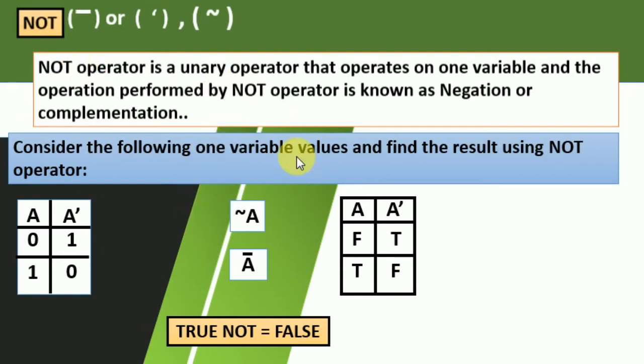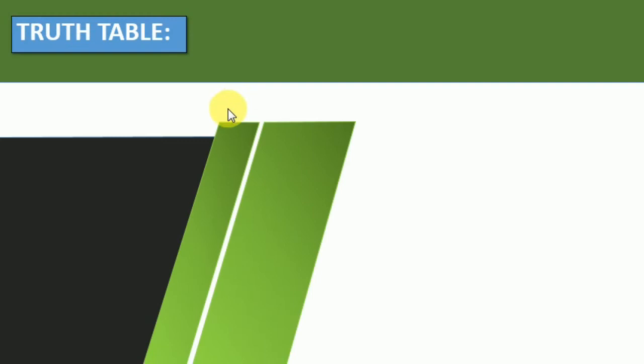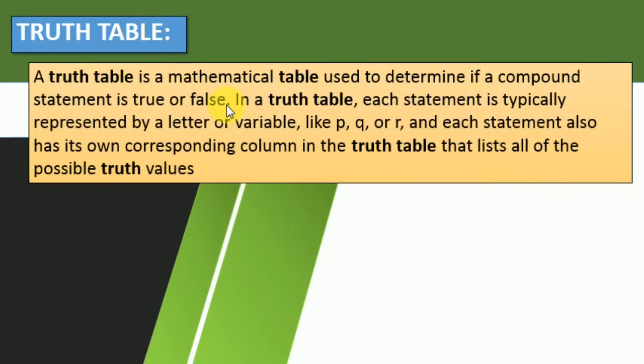Now we move to the next, and there is an important thing called the truth table. First we discuss what a truth table is, and then we will understand how we are going to implement it in Boolean. A truth table is a mathematical table used to determine if a compound statement is true or false.